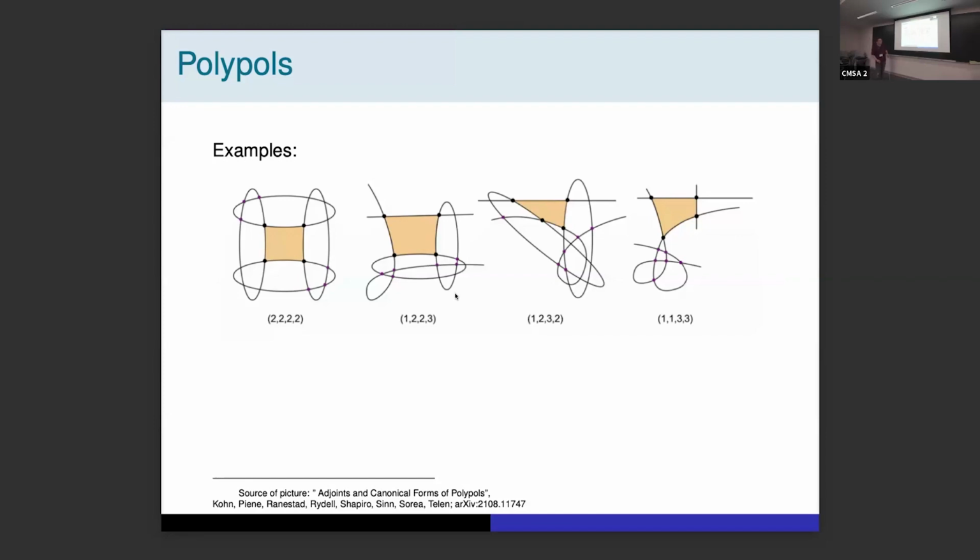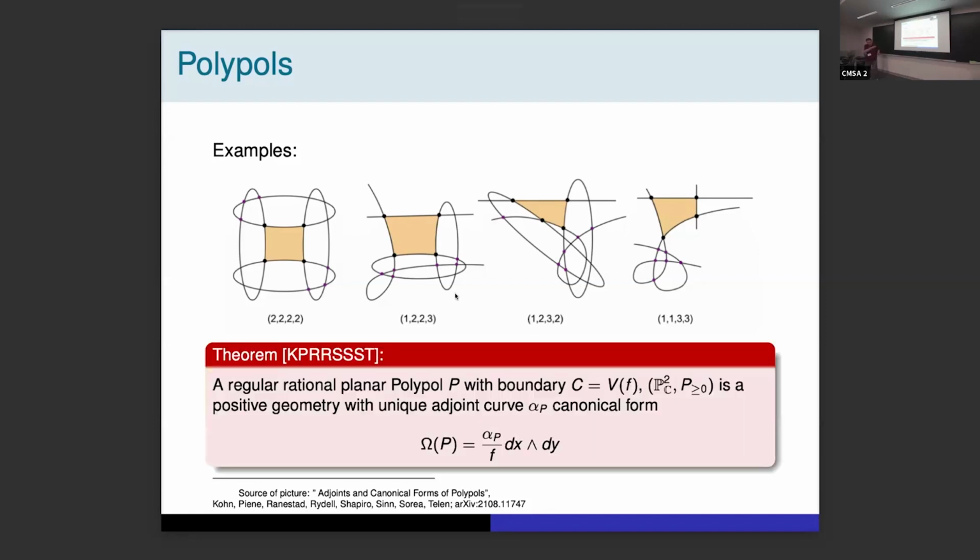Maybe you can make out some points contained in the residual arrangement, in the singularities of the boundary curves outside of the boundary itself. The theorem I mentioned just now is that a regular rational planar polypol with the boundary curve cut out by a square-free equation f is a positive geometry. It has a unique adjoint, and the canonical form is given as expected.